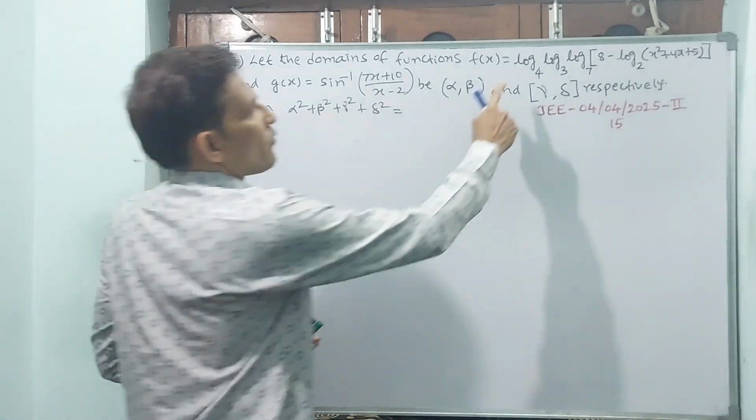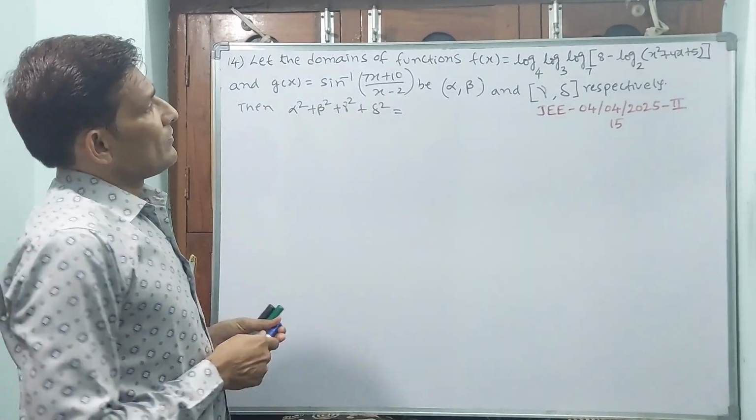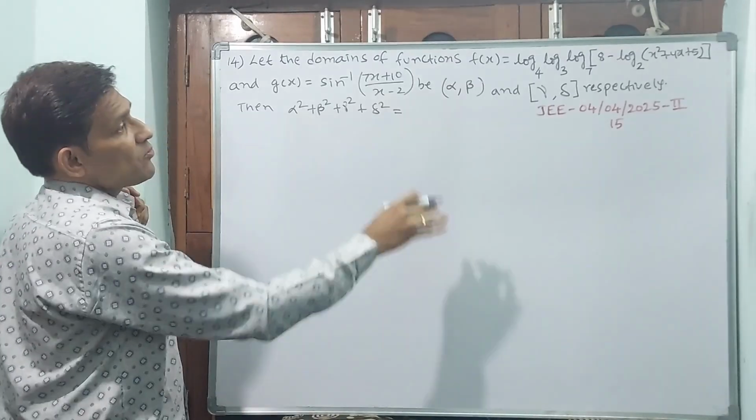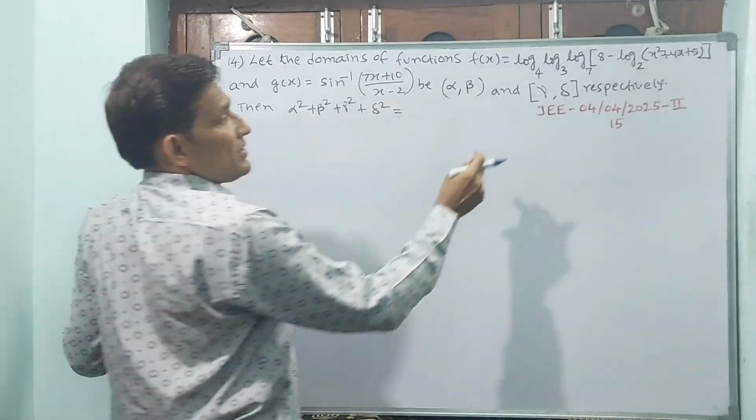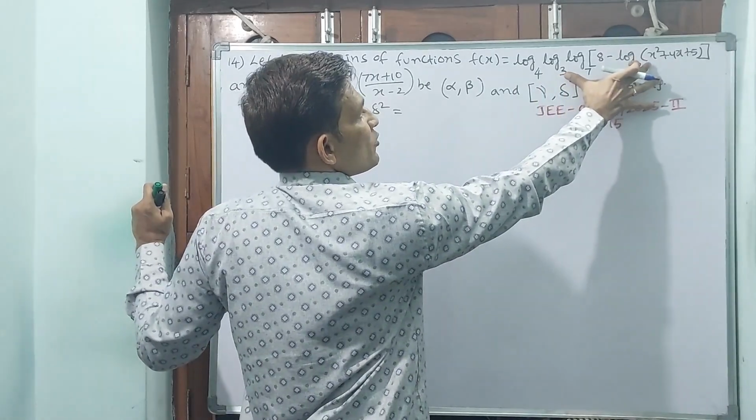Why? Because I think we might have seen four log functions for the first time. Let us do how we are going to solve it. See, from left to right you have to go. The entire function should be greater than 0.